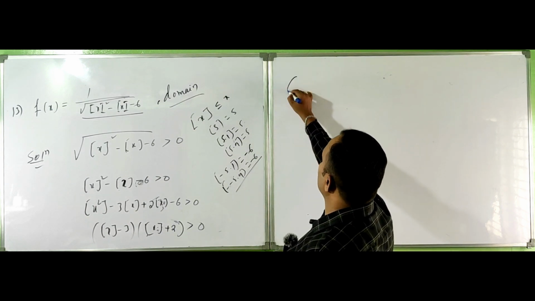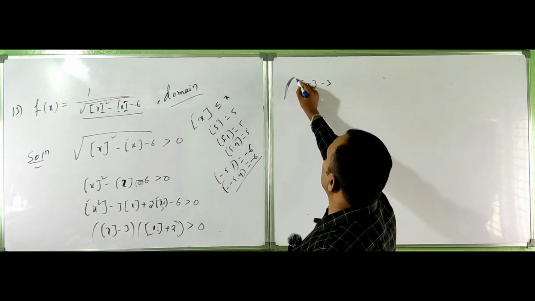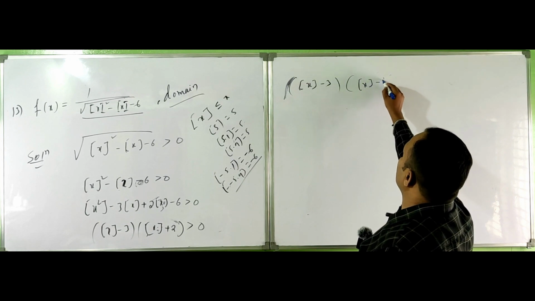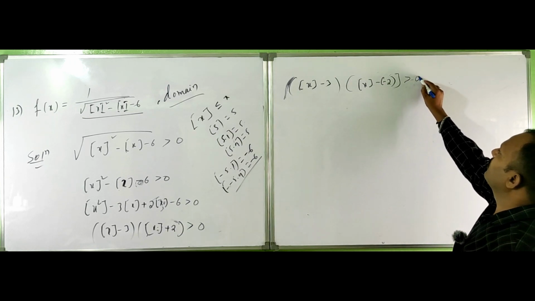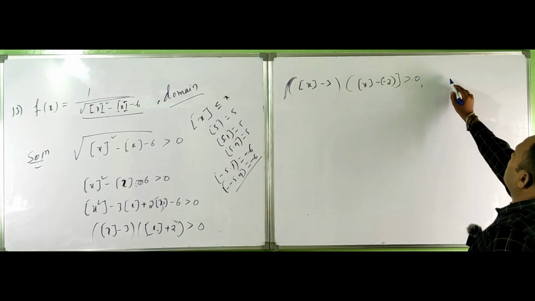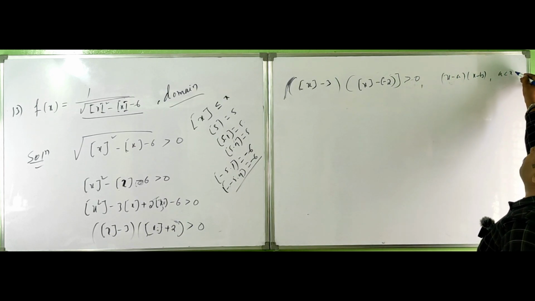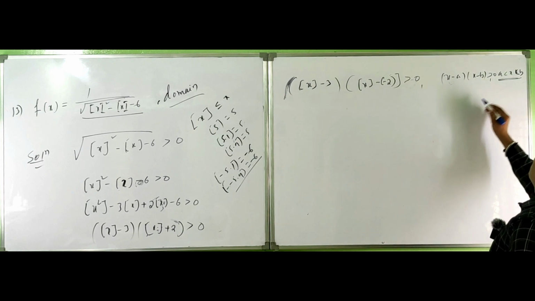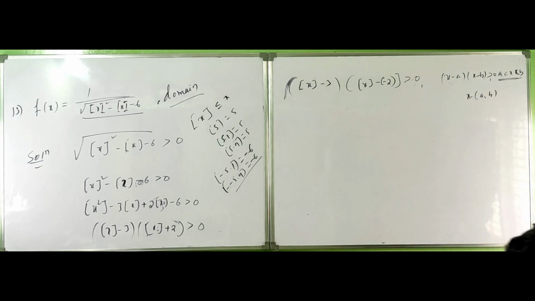Can I write this as x minus 3, and this one as x minus of minus 2, greater than 0. So x minus a, x minus b, for a less than or equal to x less than or equal to b greater than 0, this is the value, x belongs to a, b, right?